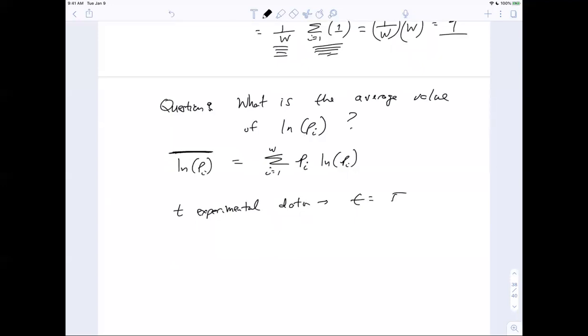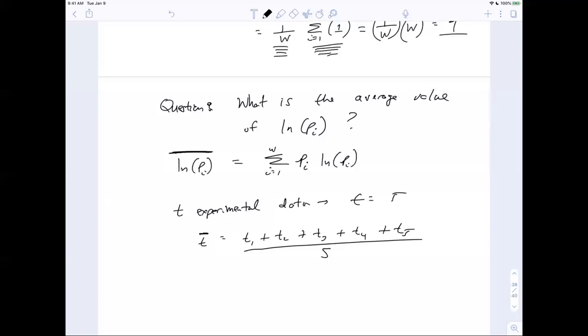To compute the average of T, you would take T1 plus T2 plus T3 plus T4 plus T5, and then divide by 5. That would give you the average. Is that foreign to anyone?